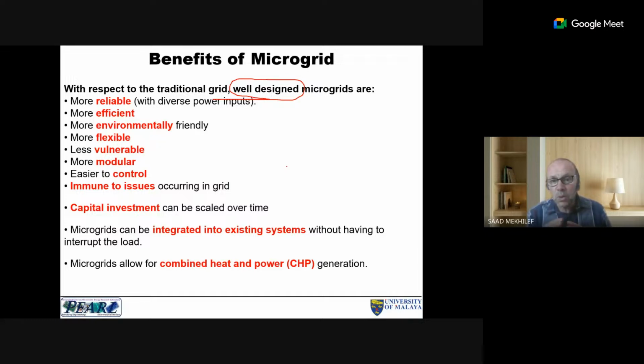And also, what is the objective of this microgrid? Because sometimes we design a microgrid not to provide power, but just as a demonstration. For example, I want to make my renewable energy factor 100%. Do you understand what a renewable energy factor is?